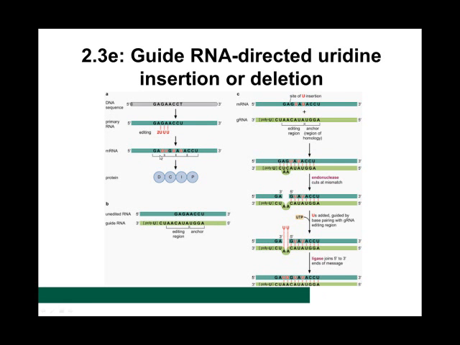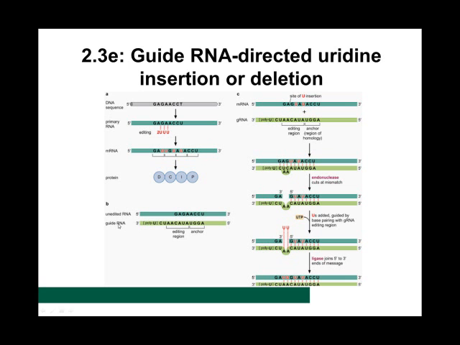But every once in a while, you get fooled because U's are inserted where they don't belong. Now, how does that happen? Well, it can actually lead to variability of the protein product, but here's how it happens. It happens through the use of guide RNA.